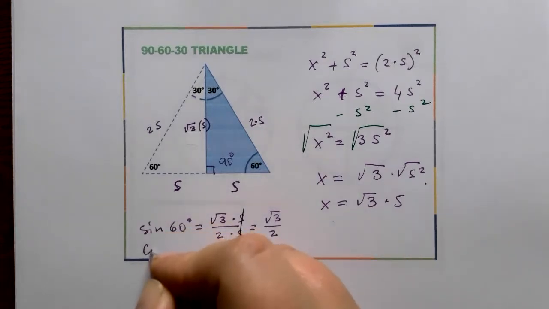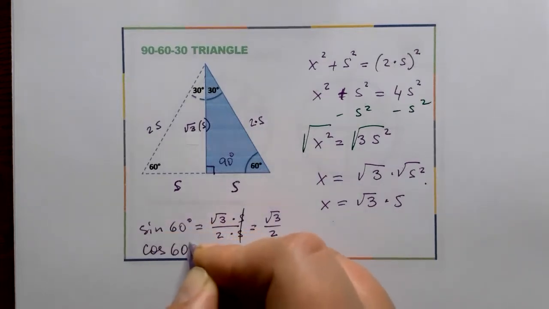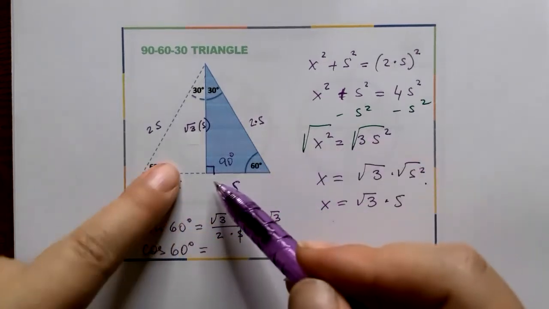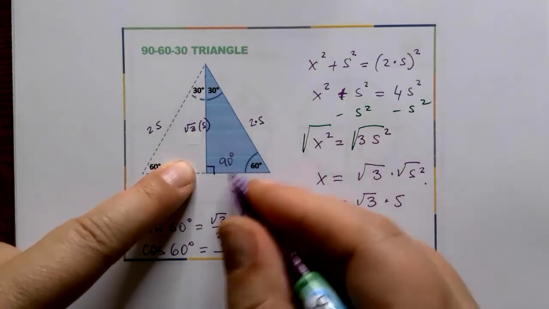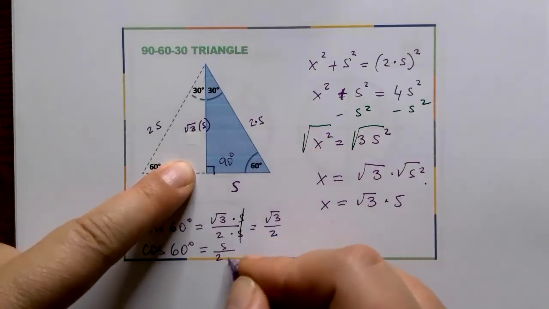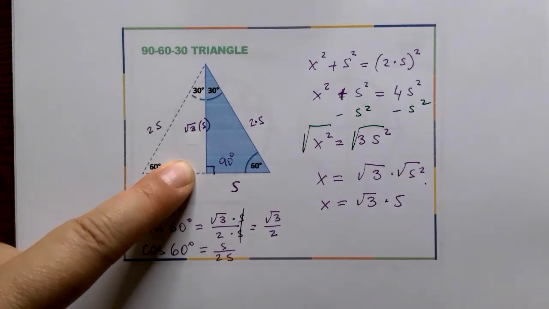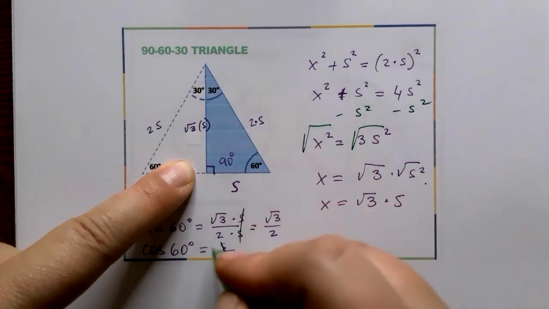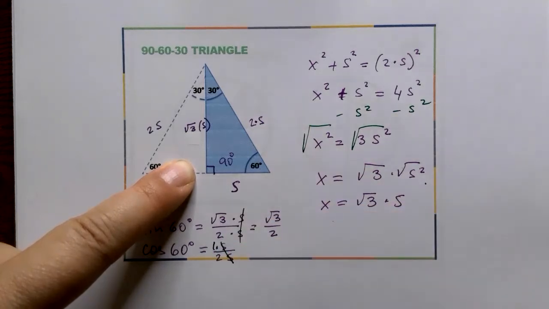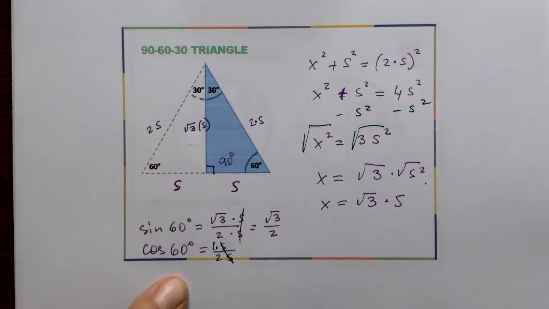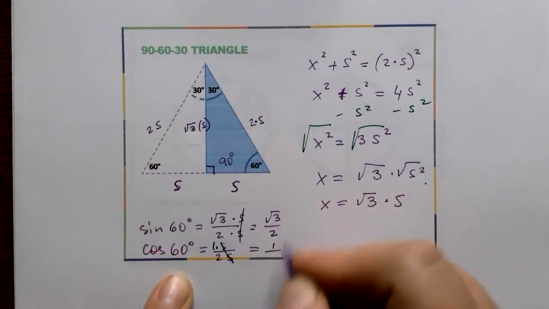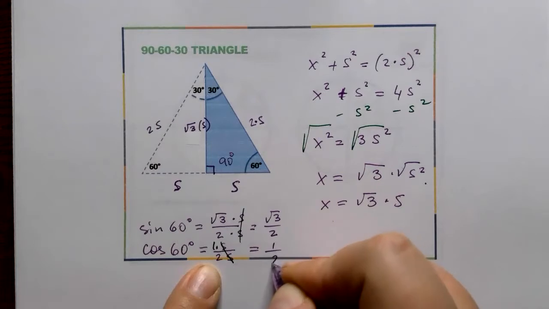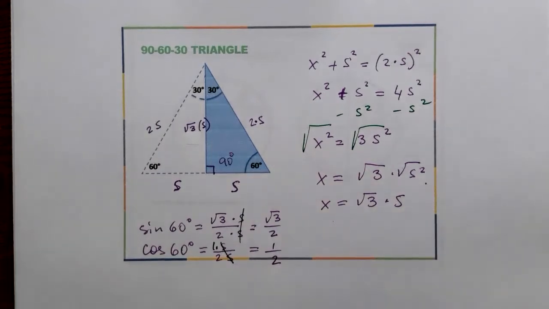Now for the cosine of 60, we have adjacent over hypotenuse, 2s. So again, s and s cancel. We do have 1 here that's left. So cosine of 60 degrees is 1 over 2 always.